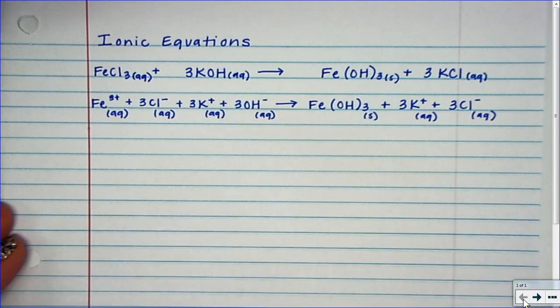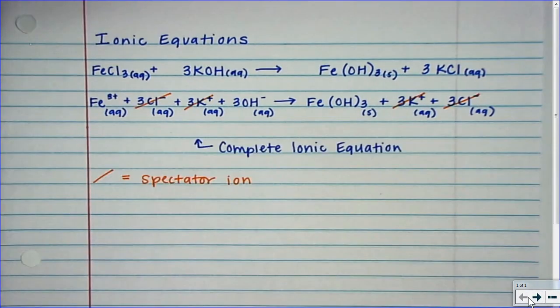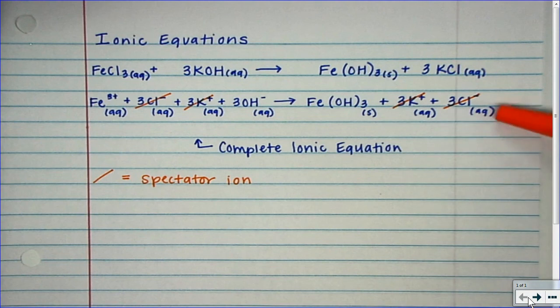So if you see on the left-hand side and the right-hand side exactly the same thing, we're going to want to cross that out. So on your screen you can see that I included complete ionic equation is this whole entire line.